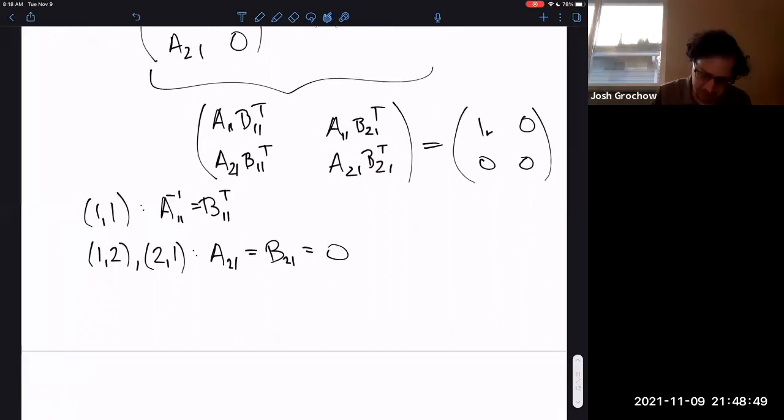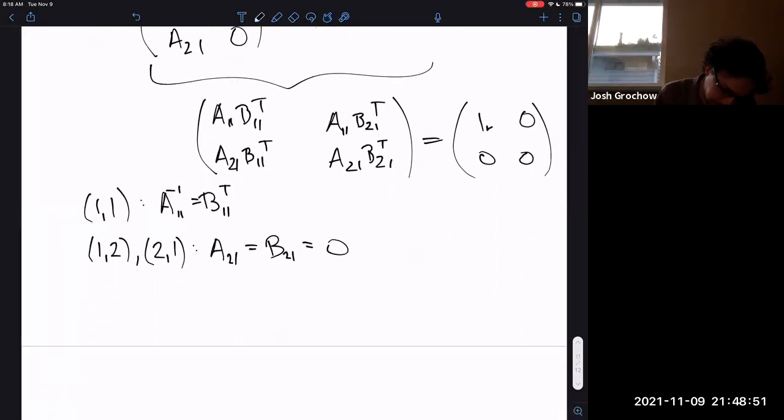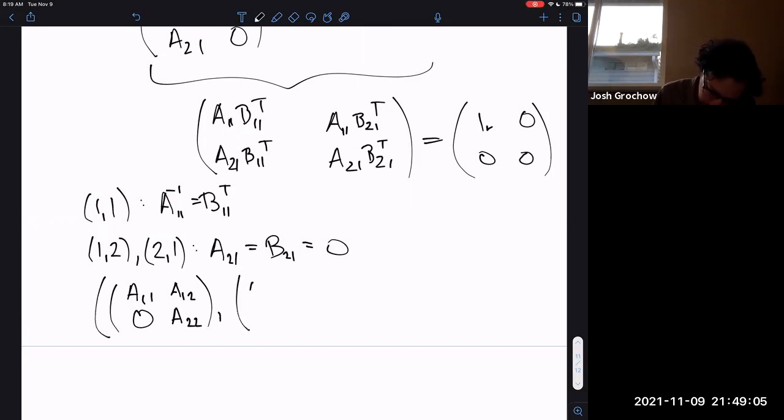Okay, so what does my stabilizer look like? My stabilizer looks like pairs: A11, A21 is 0, A12, A22. This is A11 inverse transpose, B21 is 0, B22 is whatever it is, and B12 is whatever it is.